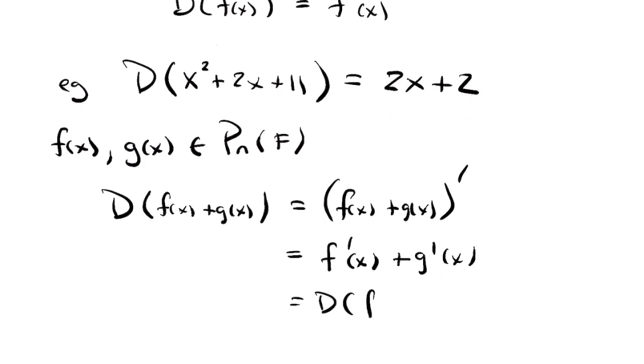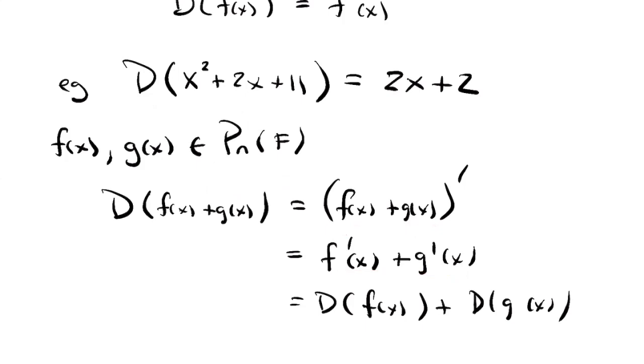So that's equal to D of f plus D of g. So that formula that you learned in calculus, that the derivative of a sum is the sum of the derivatives, that's just the statement that differentiation is an additive operator.